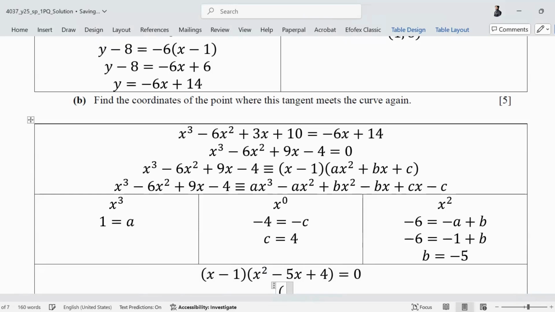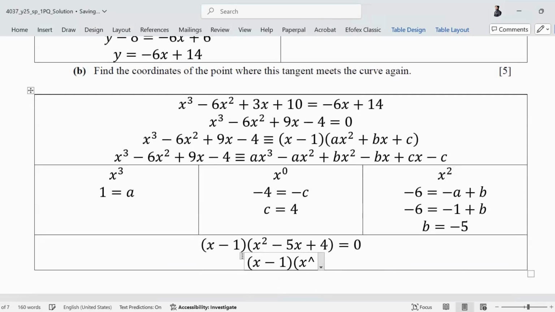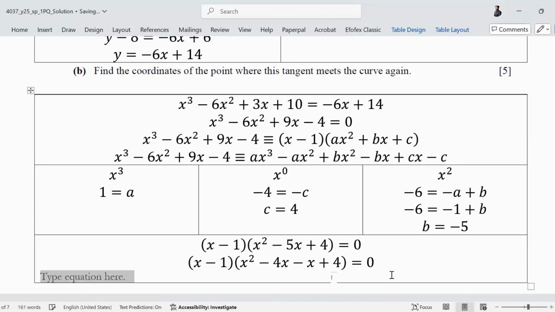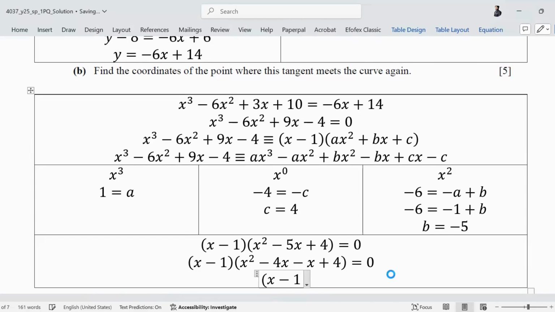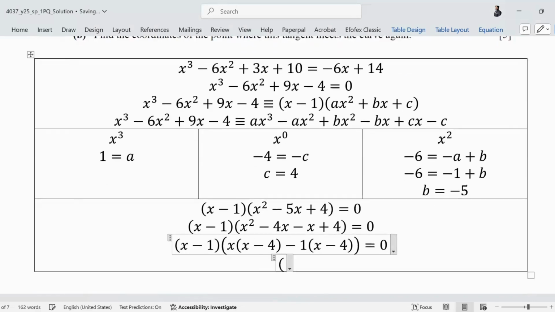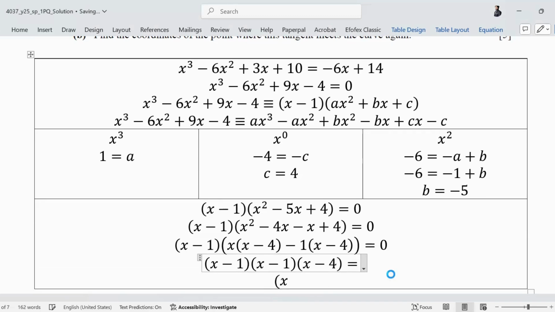Now I can simply try to break the middle term. x squared minus 4x minus x plus 4 is 0. x into x minus 4 minus 1 into x minus 4. x minus 1, x minus 1, x minus 4 is 0. x minus 1 whole squared, x minus 4 is 0.